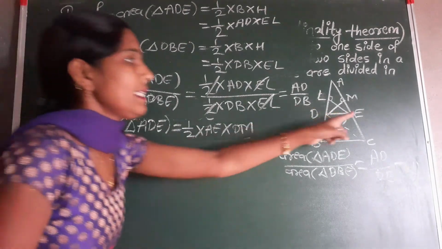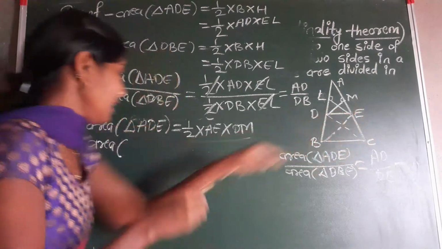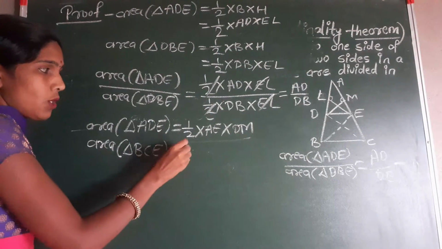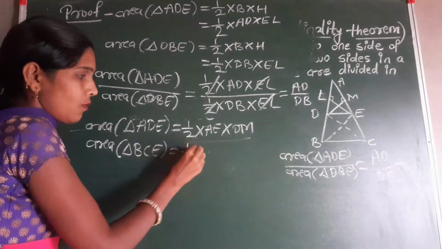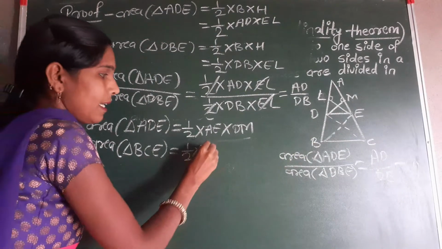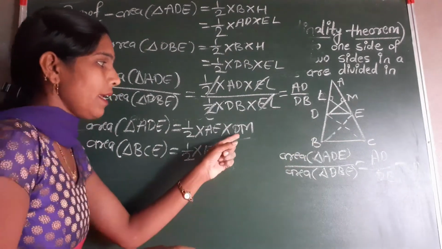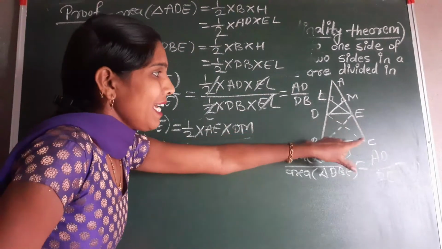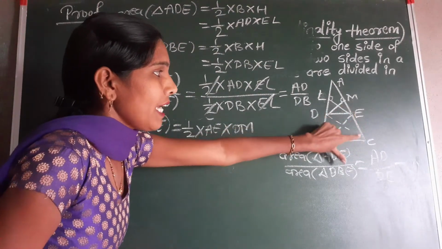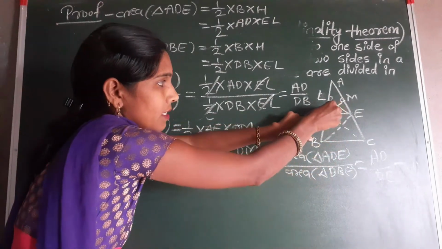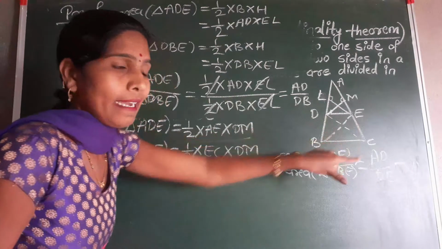We want EC, so I will take here triangle BCE, equal to 1/2 base into height. Here EC into DM, the same height, because if we extend the EC line and draw up to here, this is the height of this triangle.